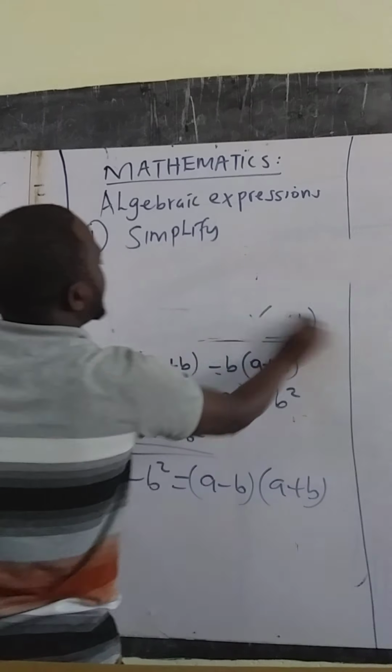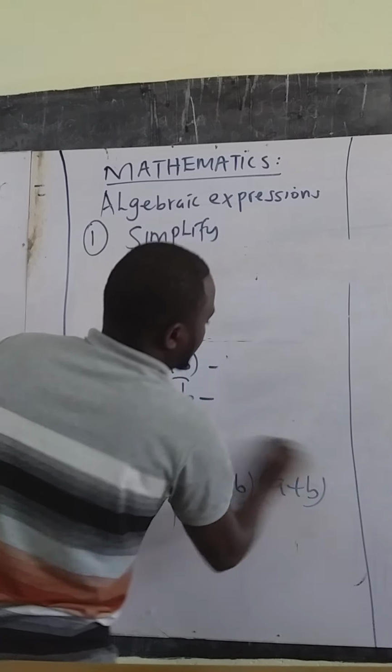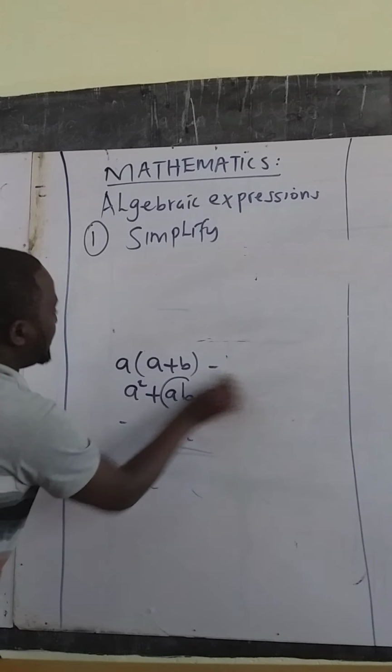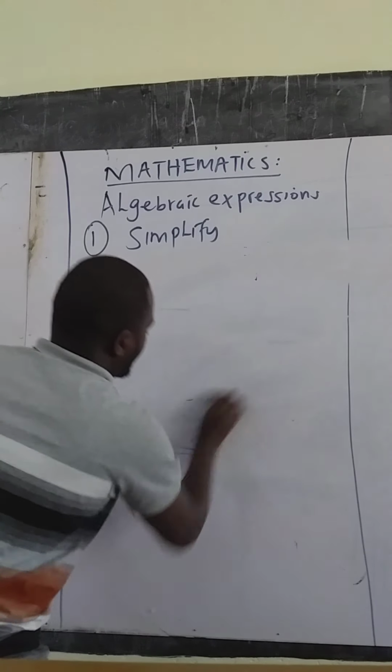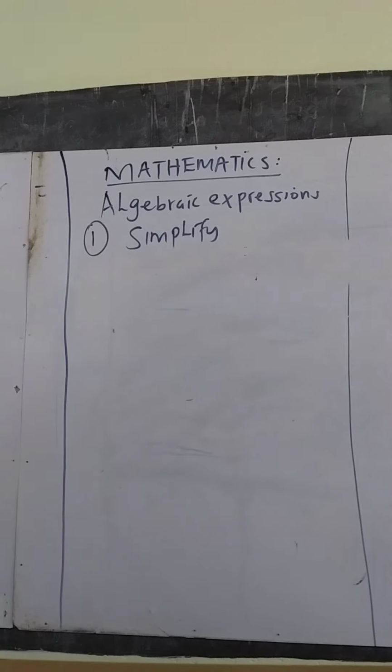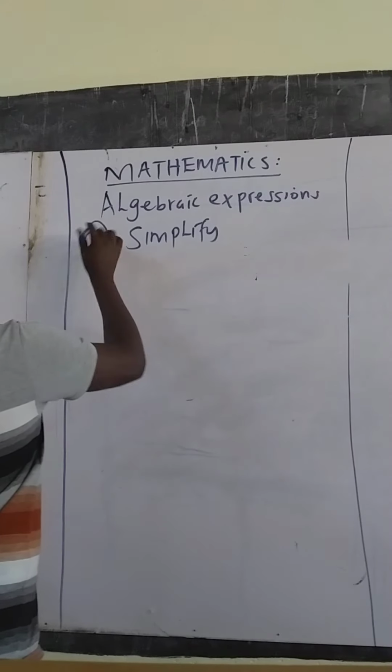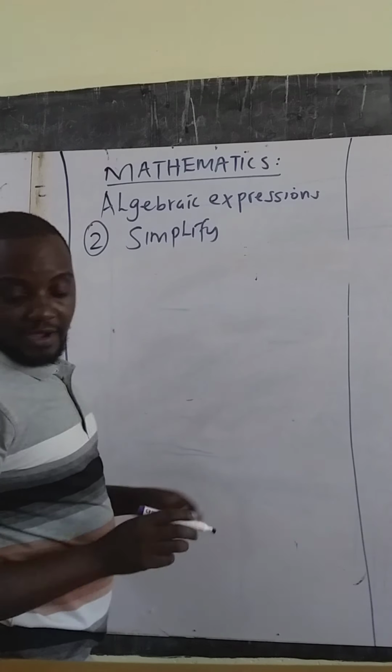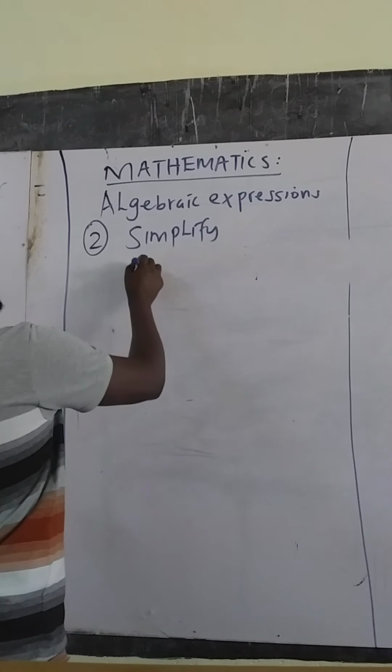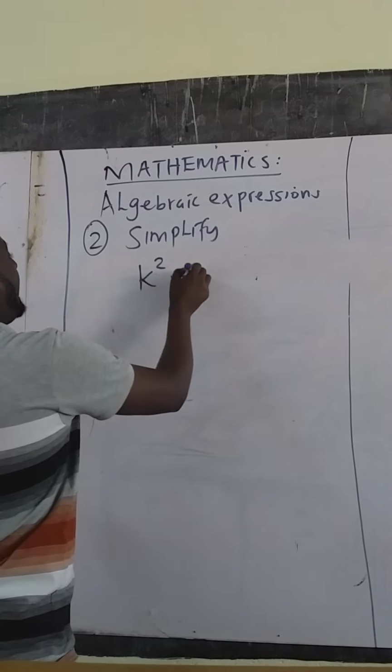Number 2. Still, I want to give you a difference of 2 squares. Simplify k squared minus 9.